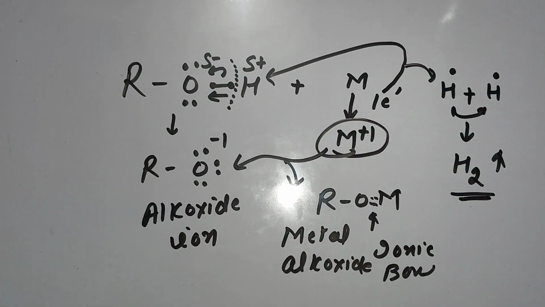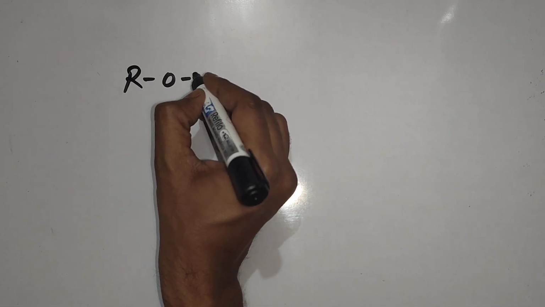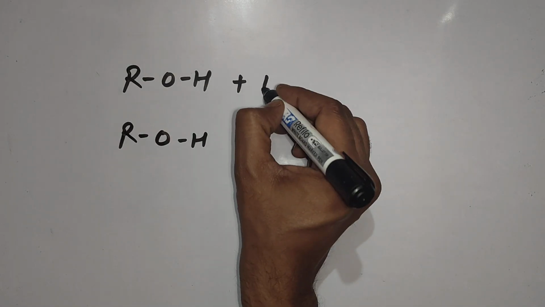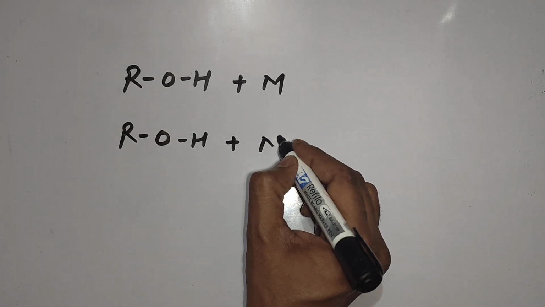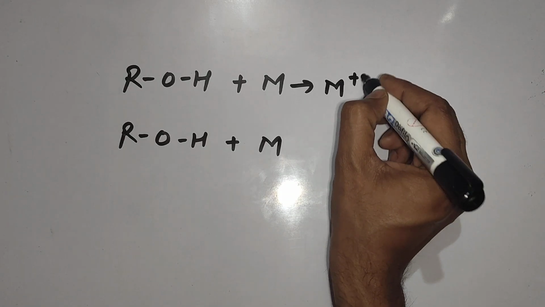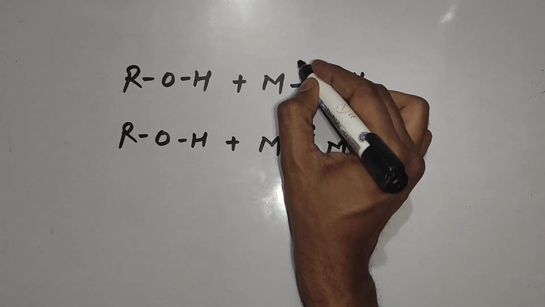Now if we try to write it in a balanced form, please check how you will write. Two molecules of alcohol are reacting with one metal atom, M plus 1, and they are losing one electron.